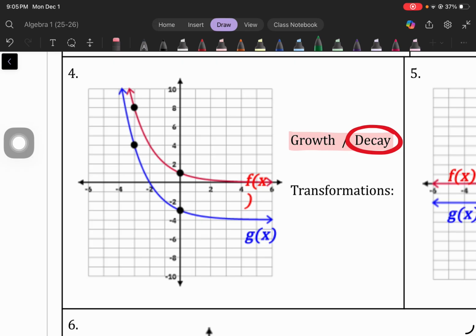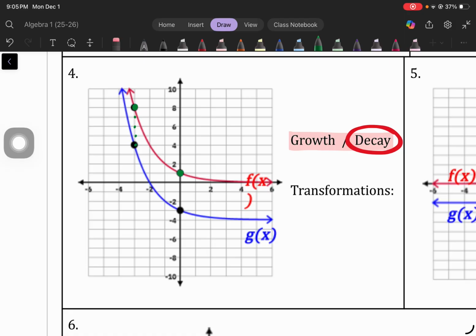Then we want a transformation. And so the only thing we can see right now is that we're going from red to blue. Okay, so how do you go from red to blue? Well, let's pay attention to what happens to each dot. So we started here, and now I'm going 1, 2, 3, 4 down. But I'm going to double check that all of them do that.